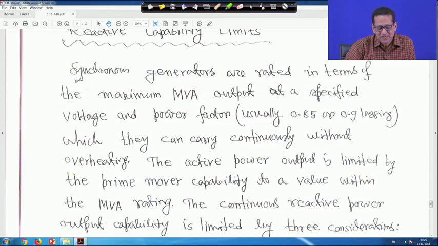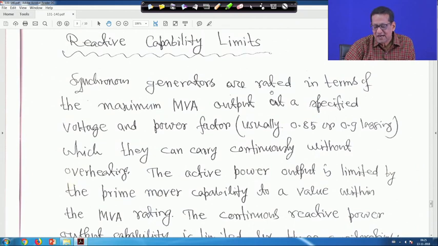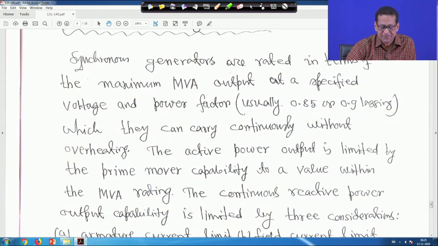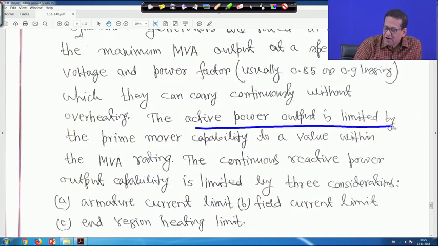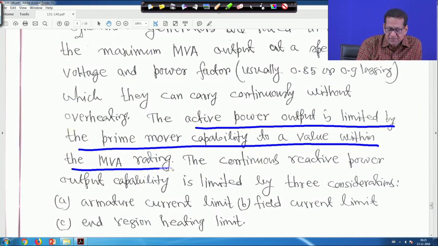Synchronous generators are rated in terms of the maximum MVA output at a specified voltage and power factor, usually 0.85 or 0.9 lagging, which they can carry continuously without overheating. The active power output is limited by the prime mover capability to a value within the MVA rating.